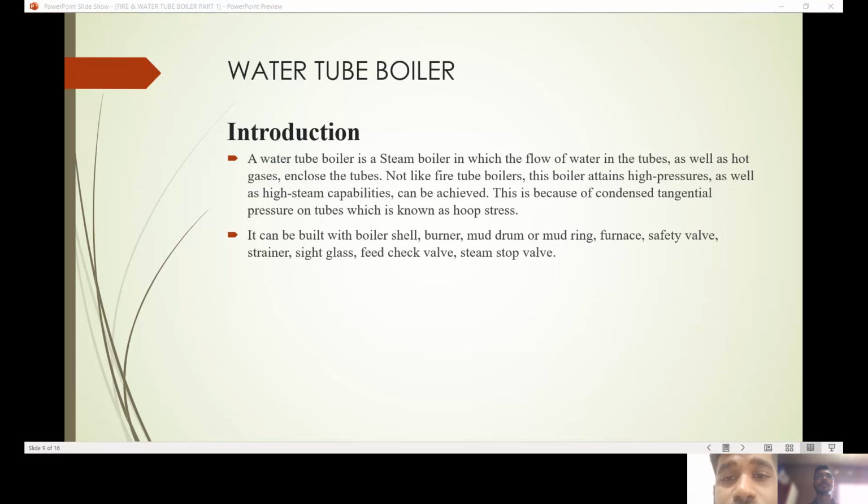This is because of the condensed temperature pressure on tubes, which is known as hoop stress. The second one, it can be built with boiler shell, burner, drum or mud ring, furnace, safety valve, strainer, side glass, feed check valve, steam stop valve.